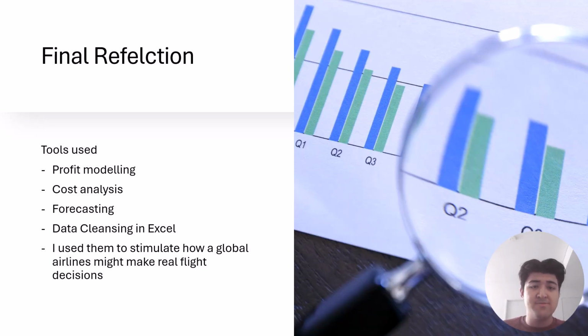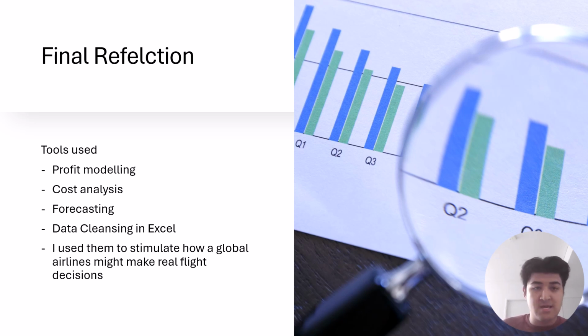What I loved about this project was seeing how something as theoretical as break-even analysis has such a practical, high-stakes application. Before this, I thought airlines just priced things based on demand. But now I understand that behind every ticket is a financial model that accounts for costs, margins, and thresholds.